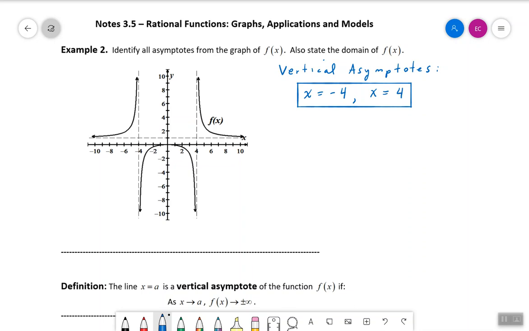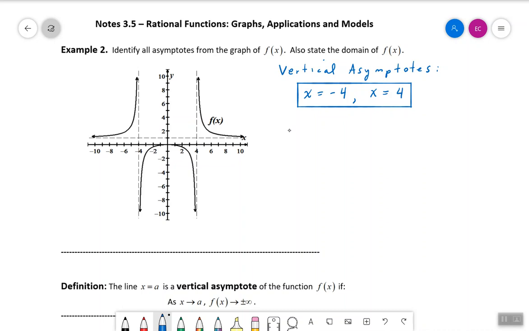And we can identify them from the dashed line, but we should also understand the behavior of the graph that's causing the vertical asymptote. So in particular, let's look near x equals -4. Let's look just to the left of x equals -4. As x approaches -4 from the left, y values are getting larger and larger, following this arrow up to +infinity.